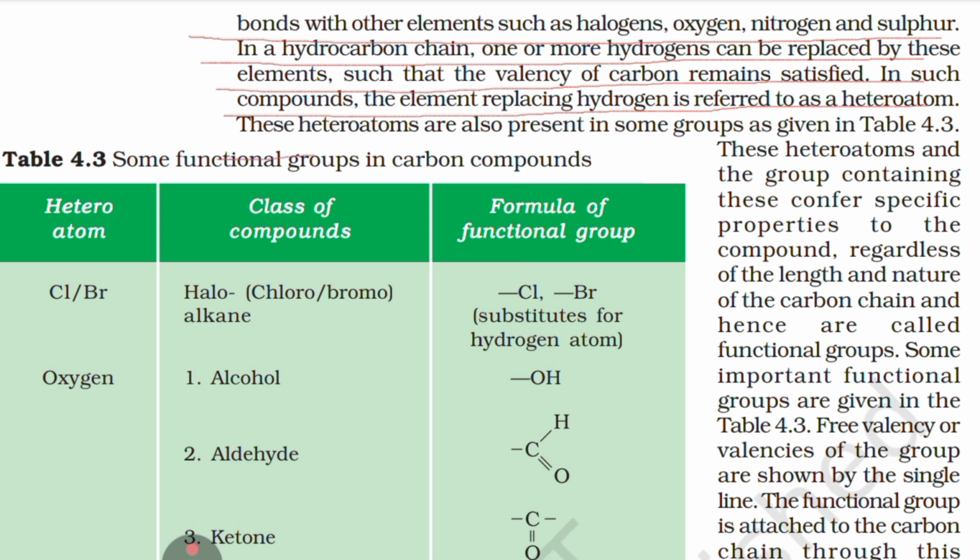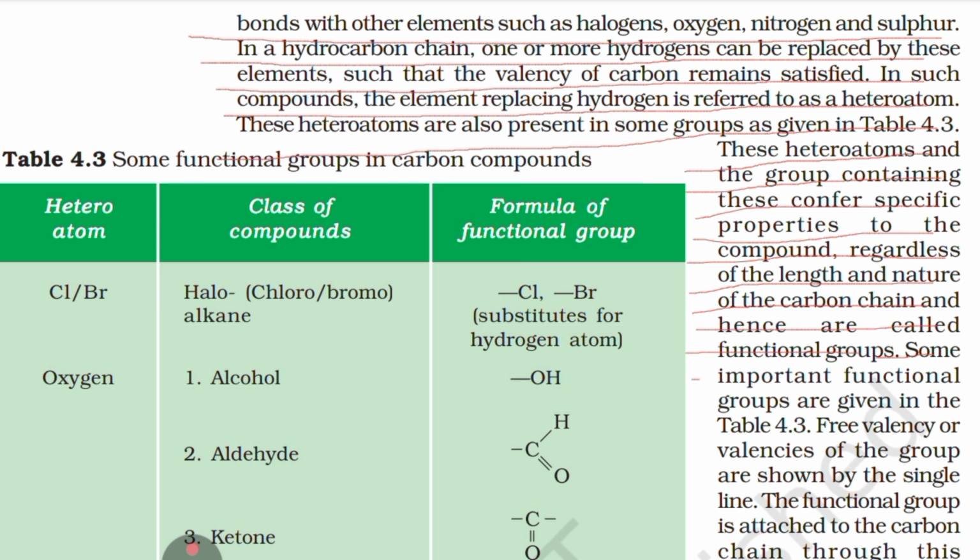These heteroatoms are also present in some groups as given in Table 4.3. These heteroatoms and the groups containing them confer specific properties to the compound regardless of the length and nature of the carbon chain, and hence are called functional groups.